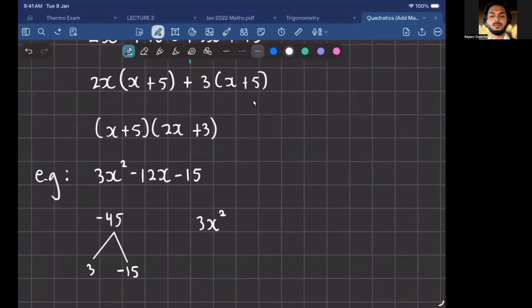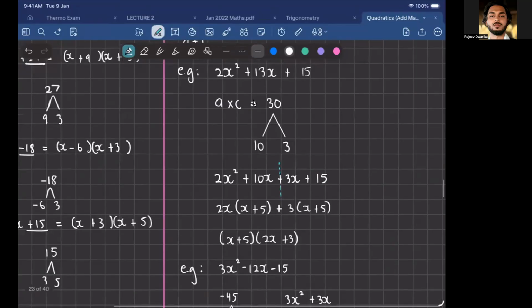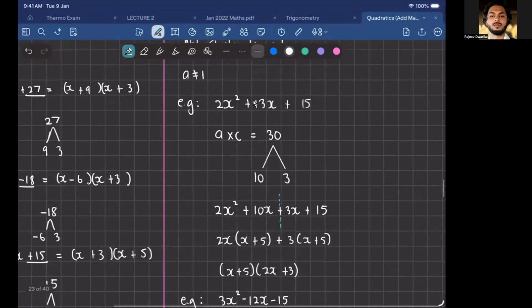But Caleb, to get minus 12x, I could write plus 3x what? So how this method works, right? You find the factors and then you take the term in the middle and you split it.